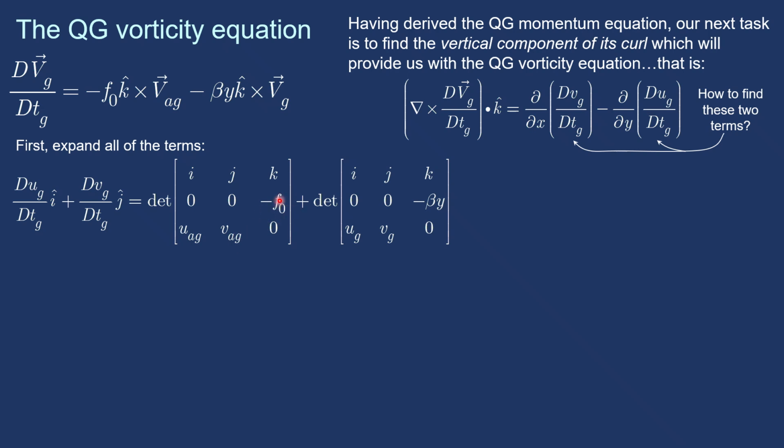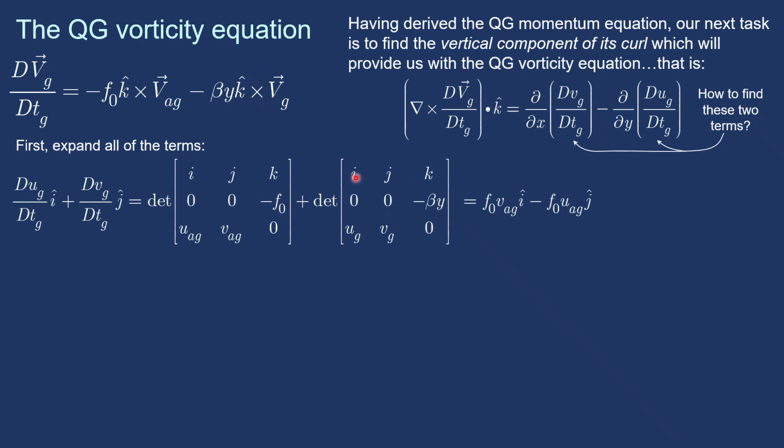So we have minus a minus f naught v_ag, or plus f naught v_ag i-hat. For j-hat, reading down into the right, we have negative f naught times u_ag. Down into the left, we have 0. So we have minus f naught u_ag j-hat. And for the k-hat term, we have 0 down into the right, 0 down into the left, so there's no k-hat part at all. That finishes off the first one.